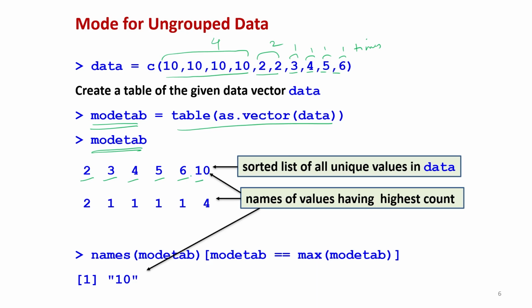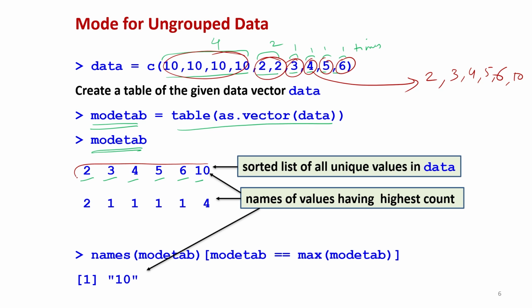What are these things? They are the values in the data which are occurring. In this data set, 2 is occurring, 3 is occurring, 4, 5, 6 are occurring, and then the value 10 is occurring. So these are the sorted list of all unique values in the data.